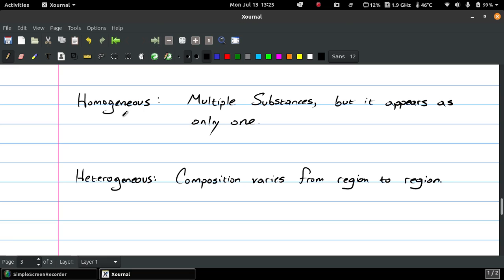That's one thing. It looks like one thing. Coffee would be a homogeneous mixture because it just looks like coffee. Where you start to have differences is when you can clearly see there's two things mixed together, where you have two different regions like oil and water, or like a solid and a liquid all in the same container and you can see them. That would be a heterogeneous mixture. And that's pretty much it for this video.